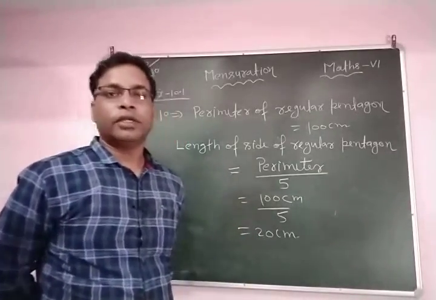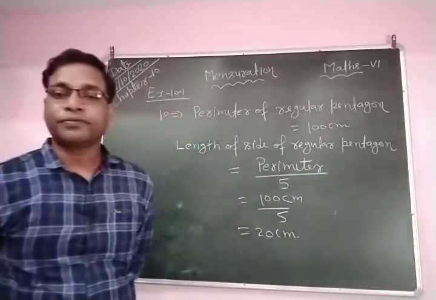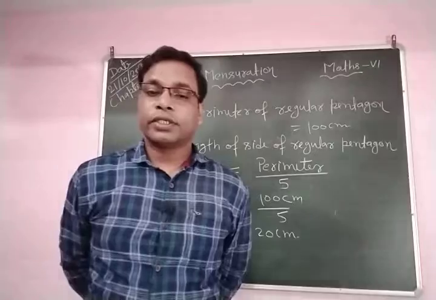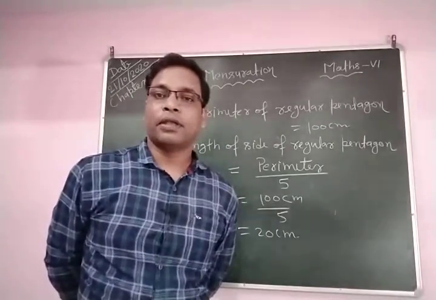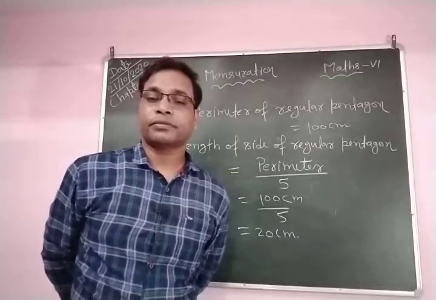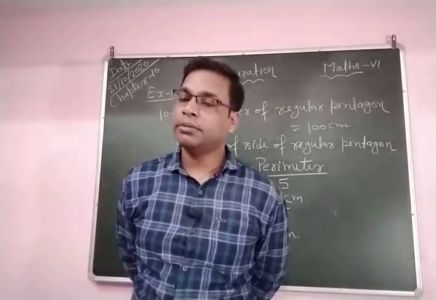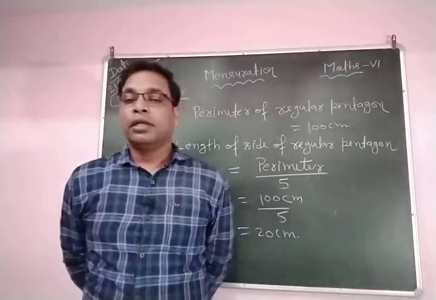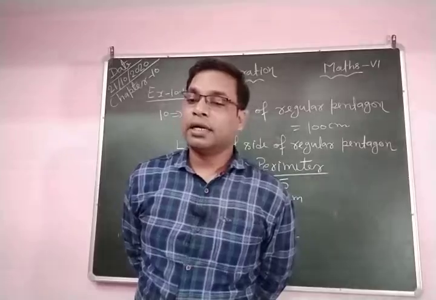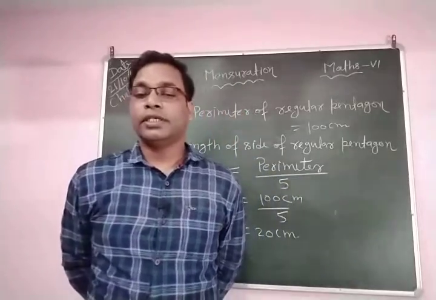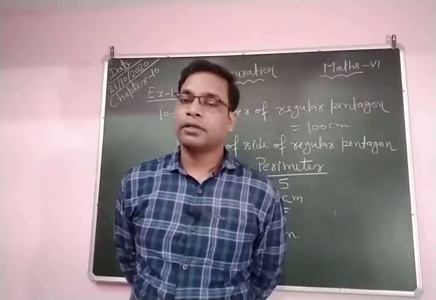So students, I hope all of you understood these questions. And now we are going to discuss the next question, question number 11. A piece of string is 30 centimeter long. What will be the length of each side if the string is used to form a square?